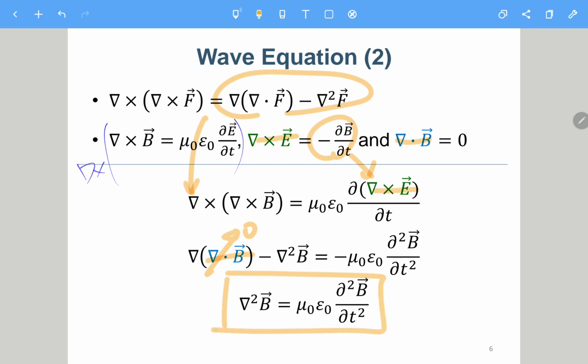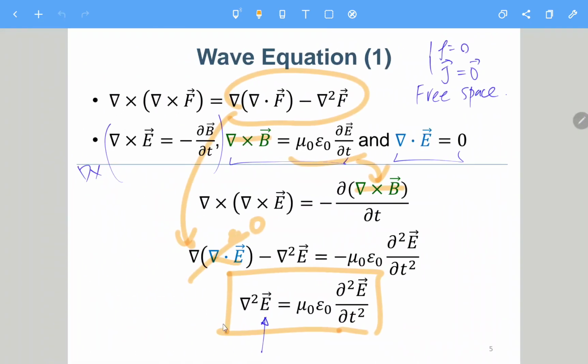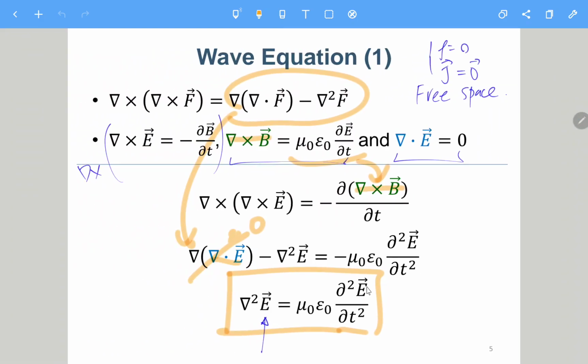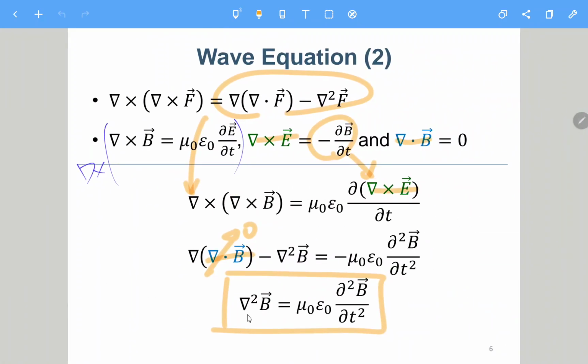So this is the wave equation for the B field. You can see this is the wave equation for the E field, and then the wave equation for the B field. The whole equations are the same. The only thing is here we have E, and here we have B, and we can also see this term mu naught epsilon naught.